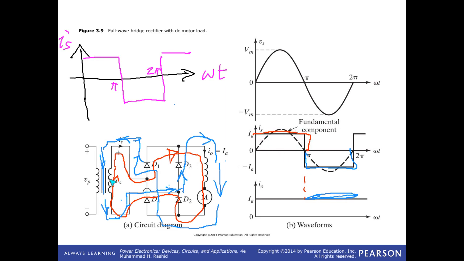The red one current is in this direction, and the blue part is in opposite direction, so positive and negative current is supplied from this.